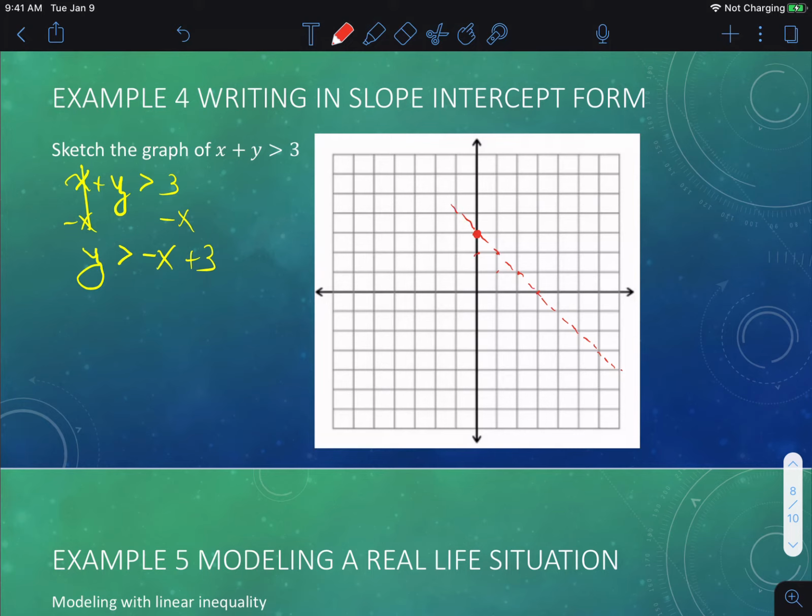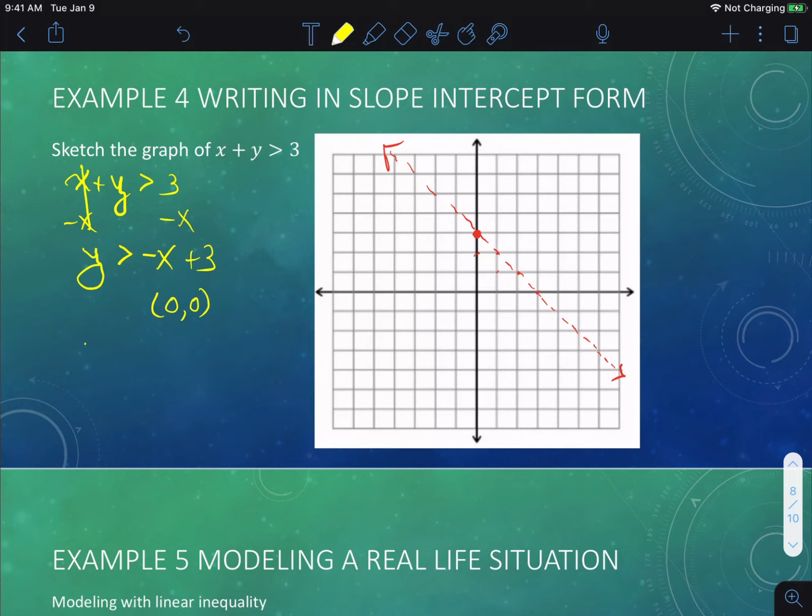We're graphing a dashed line that breaks up the coordinate plane into two parts, above it or below it. And now what we want to do is use, once again, the origin to see if we have truth where the origin is located.